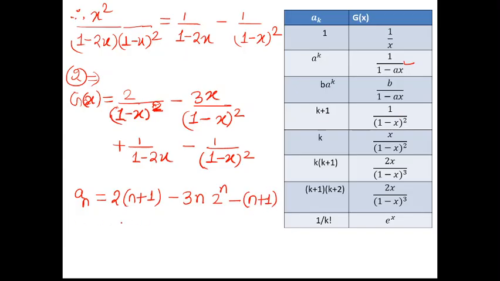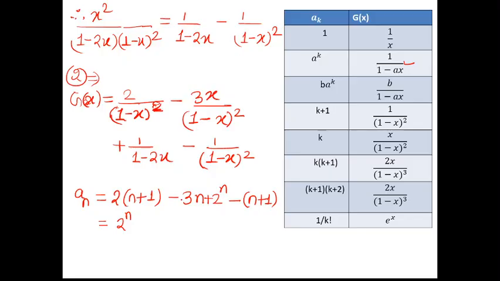Now simplify. So what do we have? So it is 2 raised to n.